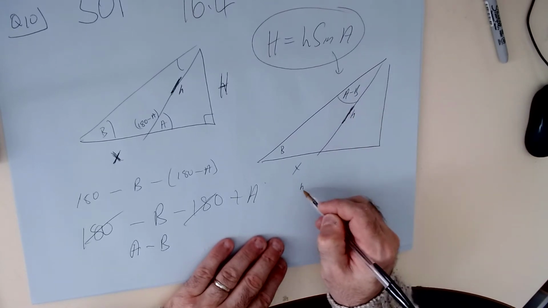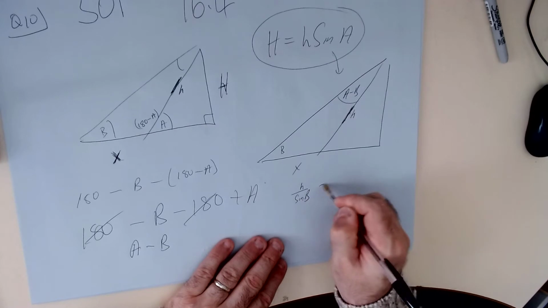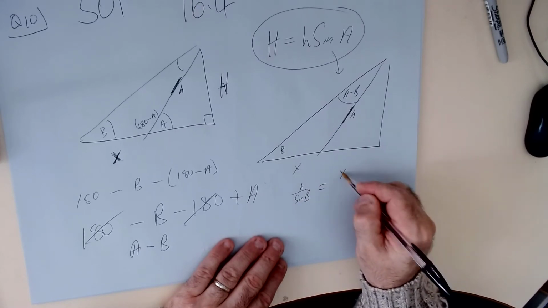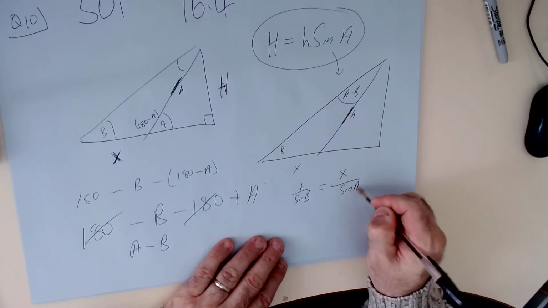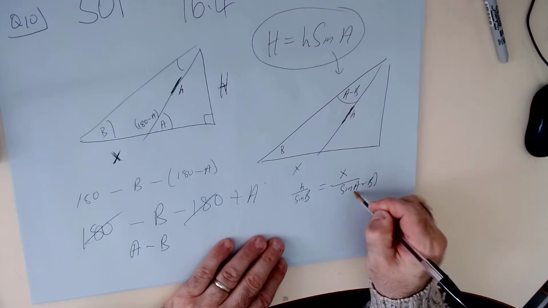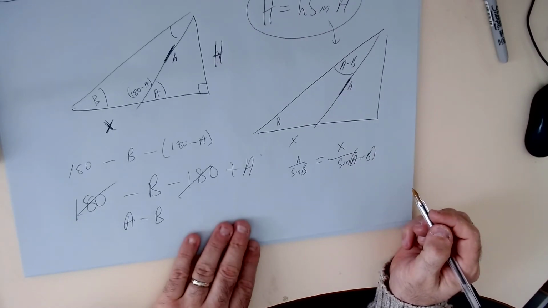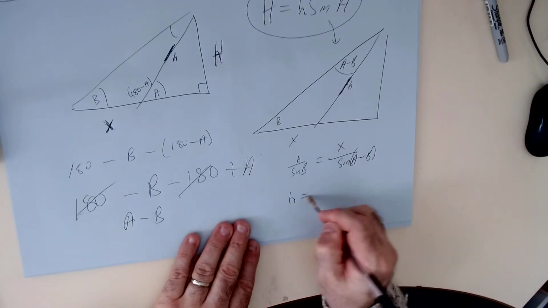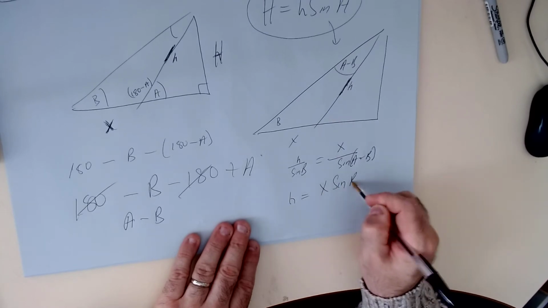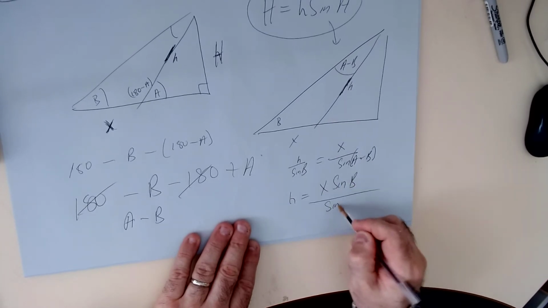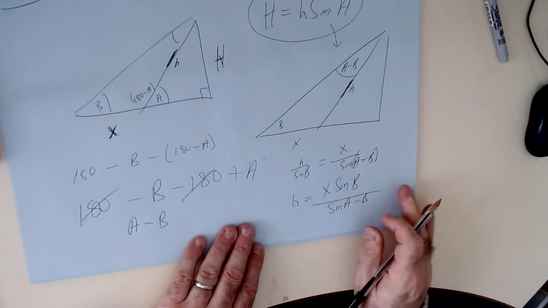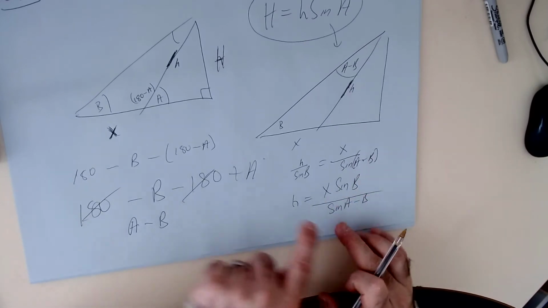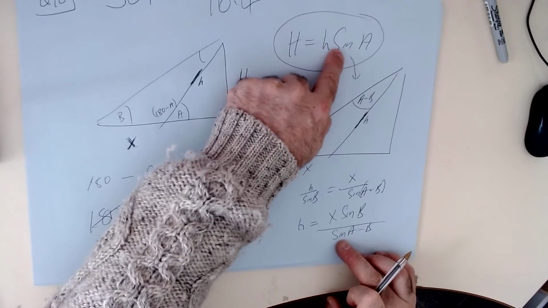The hypotenuse over the sine of B is equal to x over the sine of A minus B. Okay, so the hypotenuse is equal to x sine B, by cross multiplying, over the sine of A minus B. And then going for our final step, we're going to multiply this by the sine of A.